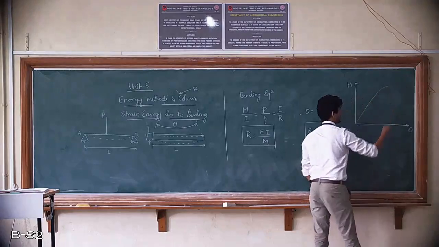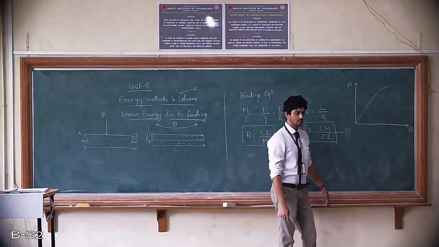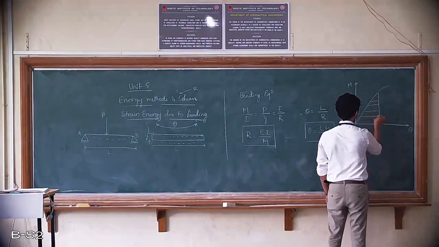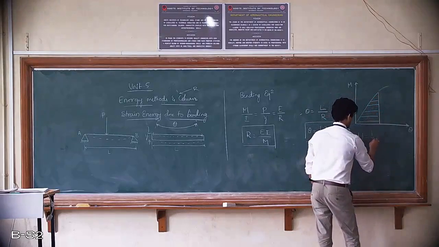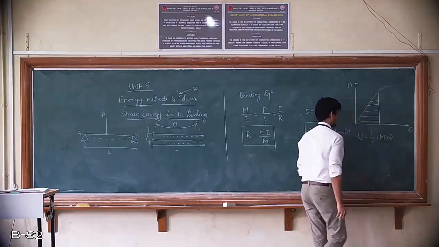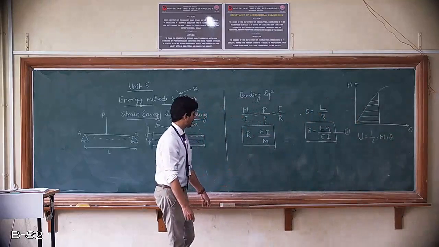Maybe the behavior will change again after the elastic limit. So when we consider the area under the curve within the elastic limit, strain energy will be defined as half times m times theta. That is strain energy due to bending.